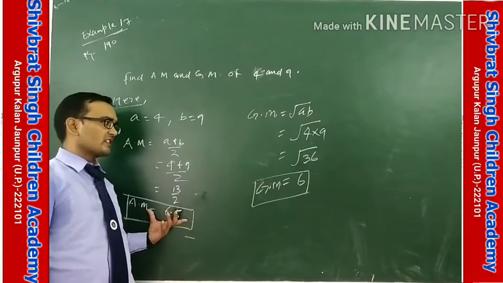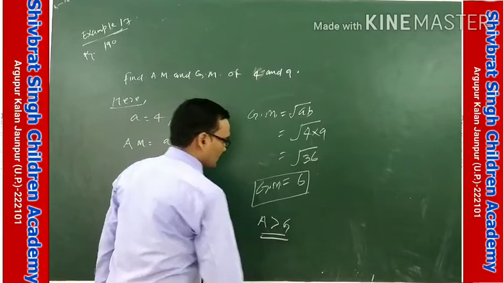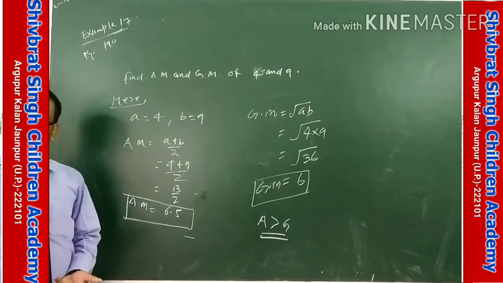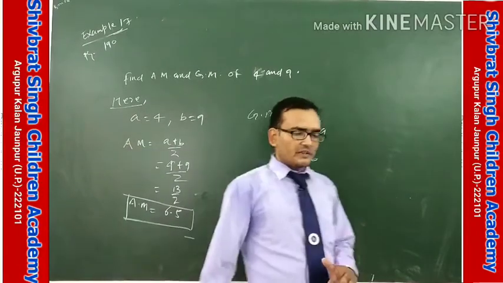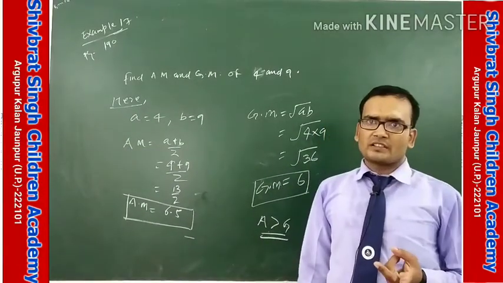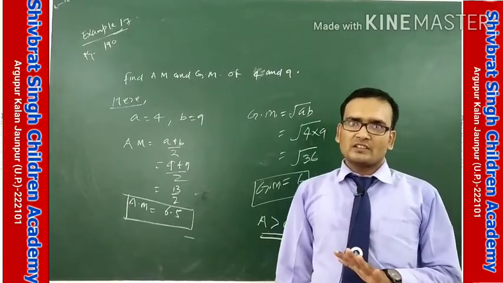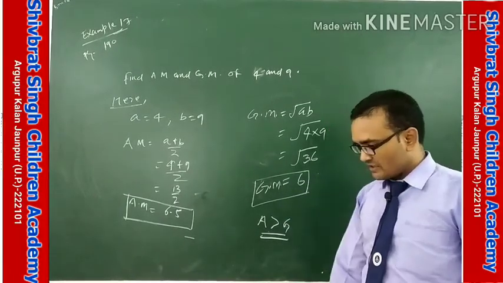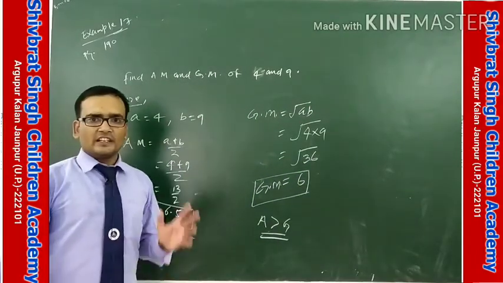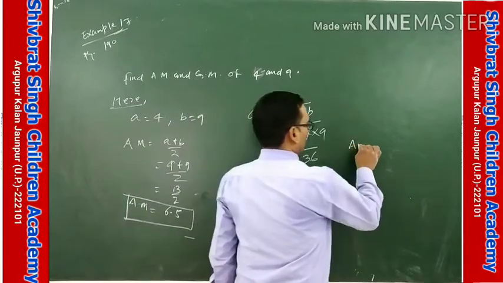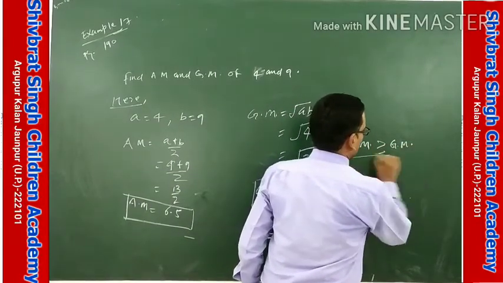AM is greater than GM, that means A is greater than G. This is verified for the arithmetic mean and geometric mean of the same two numbers. The arithmetic mean is greater than or equal to G. Hence this relation is obtained: the arithmetic mean is greater than or equal to the geometric mean.